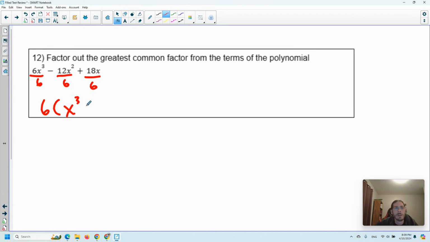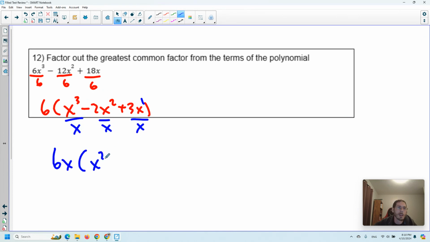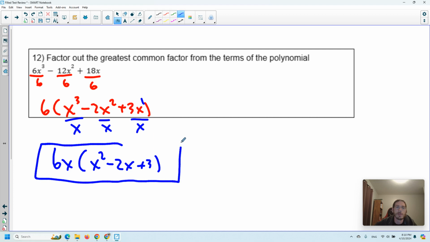I'm not going to write the 1 this time. 2x squared, and then 18 divided by 6 is 3. Just like last time, we've got 3, 2, and x to the 1, so we can divide everything by x. So that gives us 6x squared minus 2x plus 3. And that's it. That's the final answer.